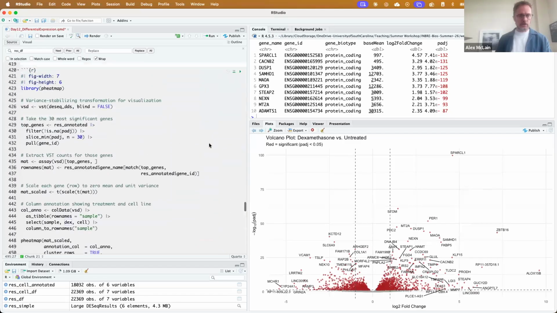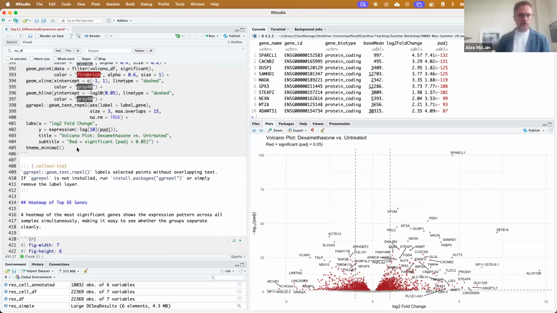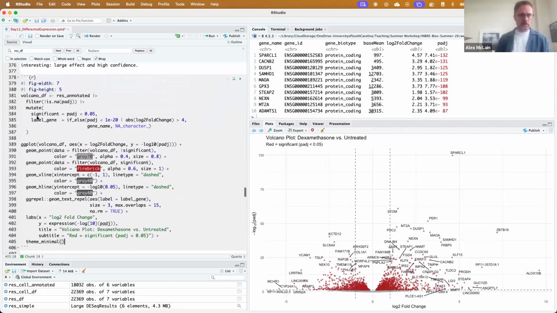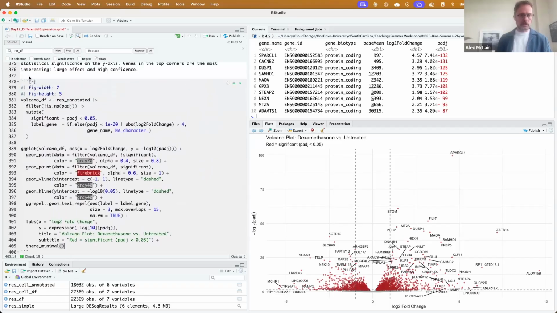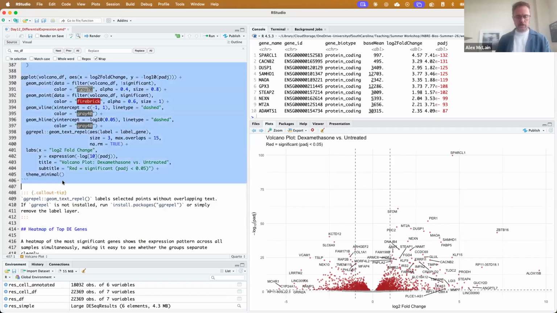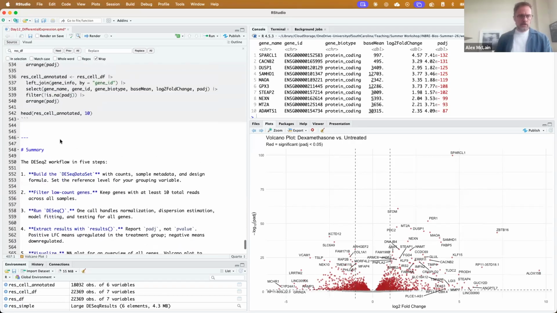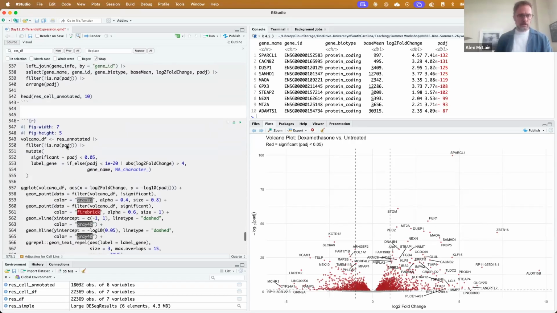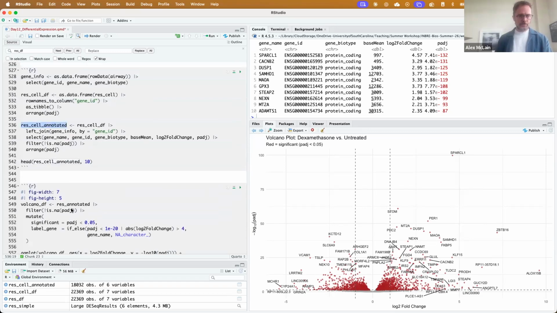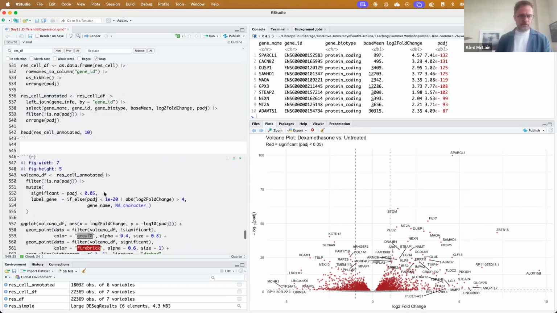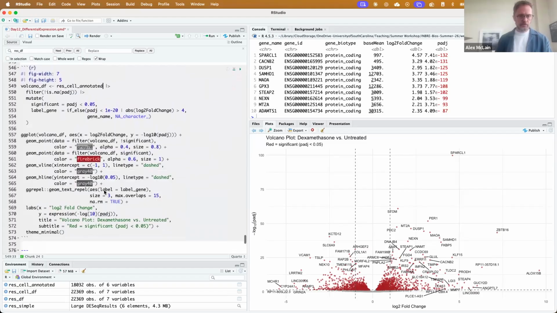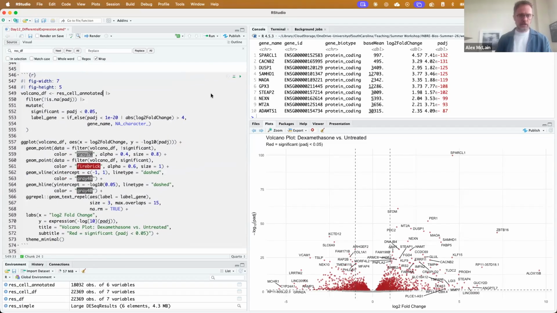All right, I wanted to look at the volcano plot. So here I'm going to just copy the whole thing. Let's take a look at it for the cell version. I don't think I need to change anything else.